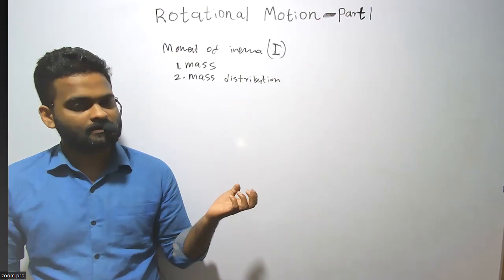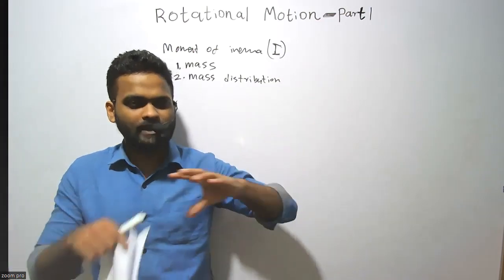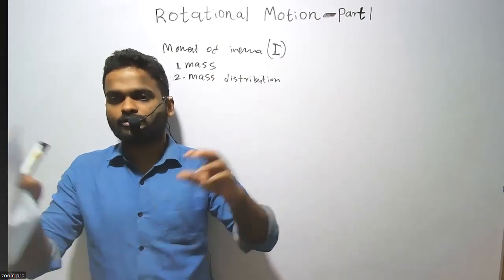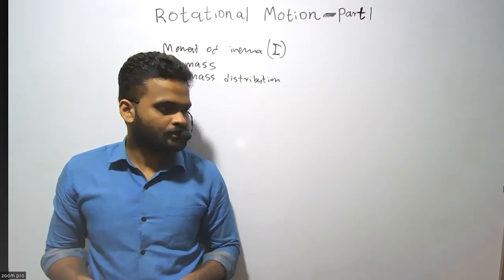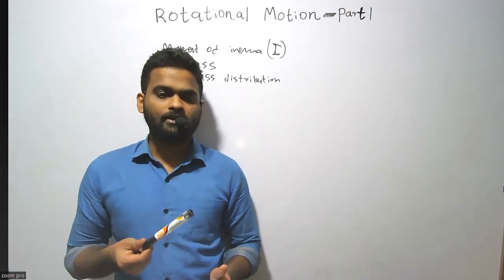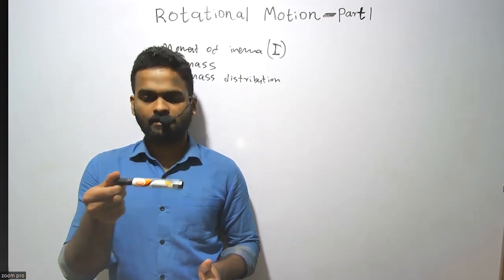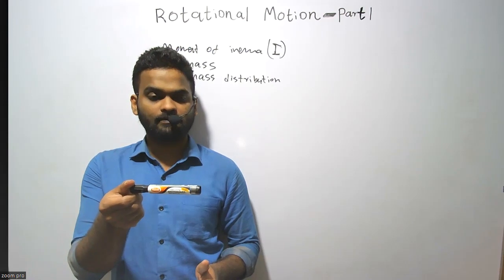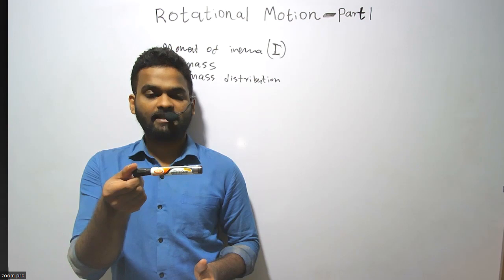Here you need to think about mass distribution as well, how that mass is distributed throughout that object. So for an example, you can hold a knife, right? Let's say not a knife, from a knife it is much clearer. So let's say this is a rod.